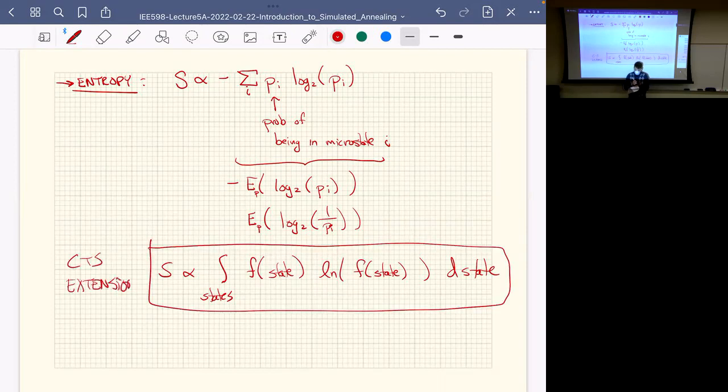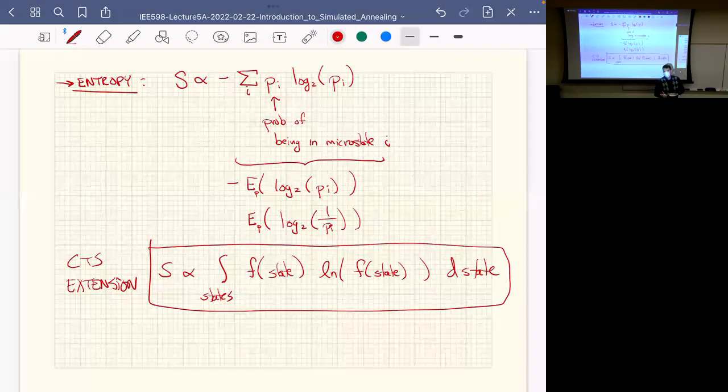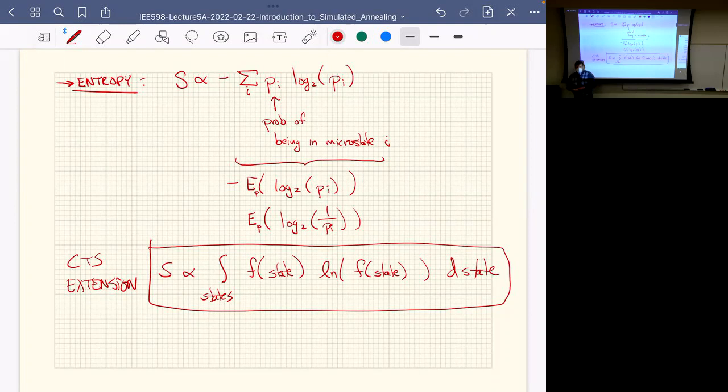Now, what the heck does this quantity mean? So this quantity is basically the amount of uncertainty left in the microstates once you fix the distribution.